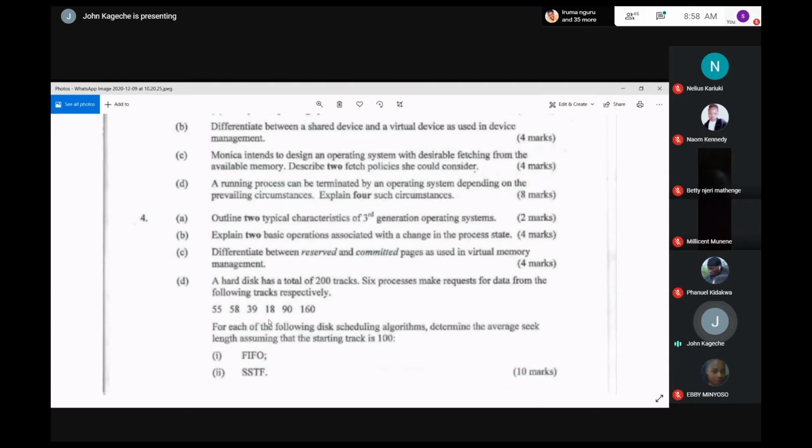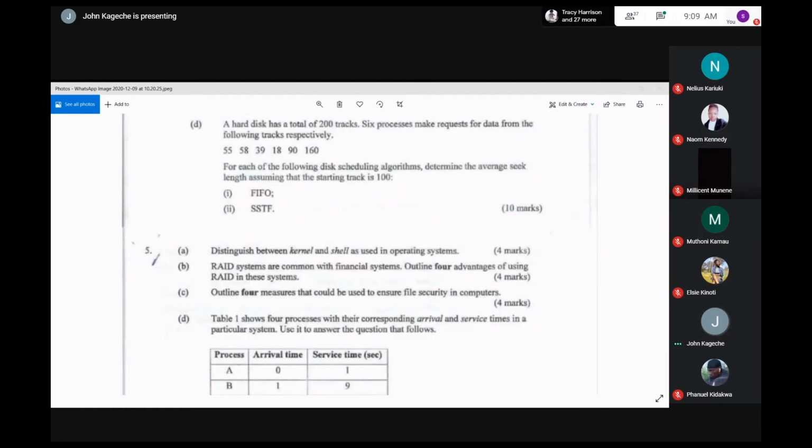Now, there is a question here: a hard disk has a total of 200 tracks. The process makes requests for data from the following tracks respectively.